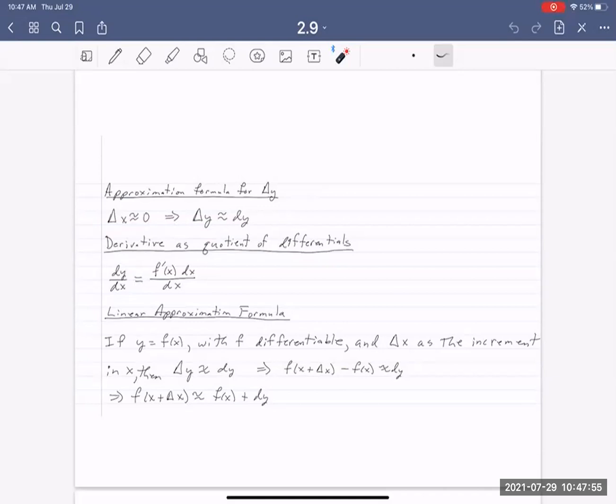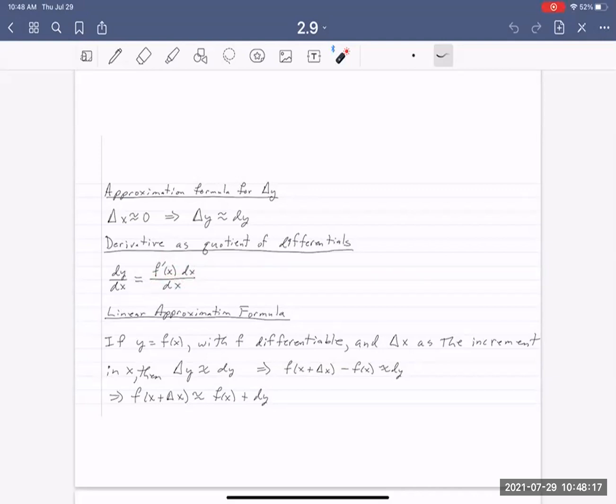So we have the derivative as a quotient of differentials, that dy over dx is just dy, which is f prime of x dx, over dx.